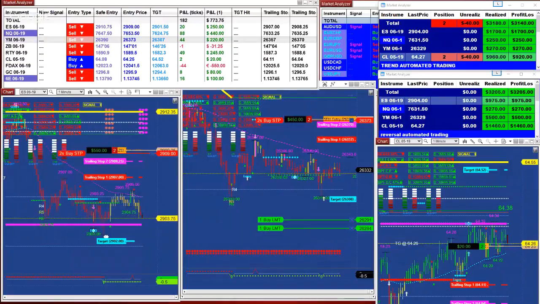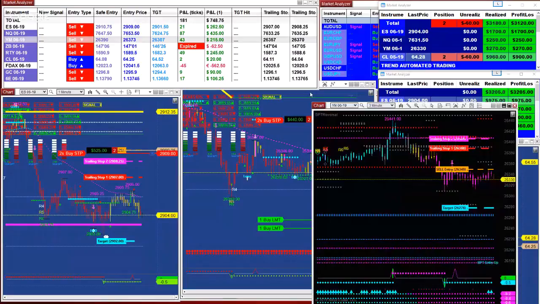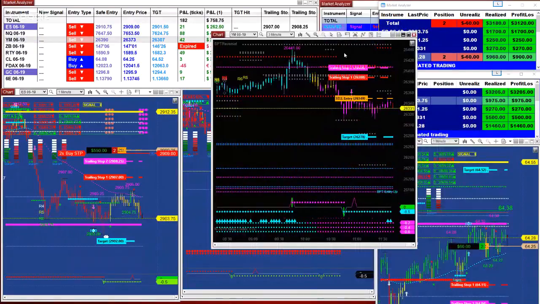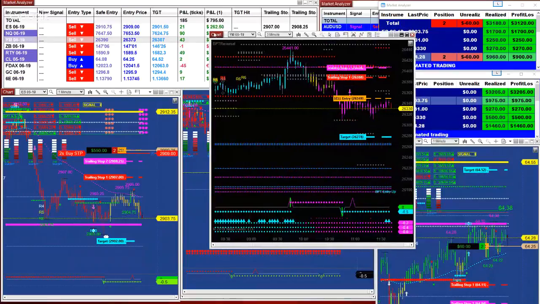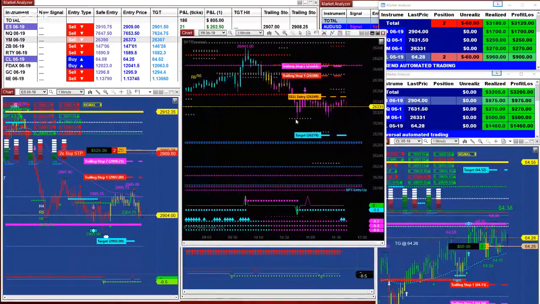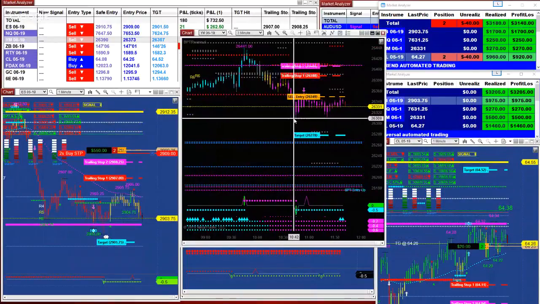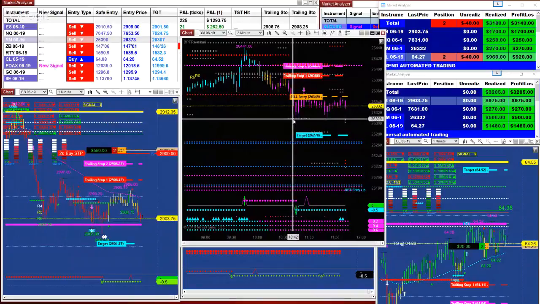On the YM, for the YM traders, if you're looking at the higher time frame, because the blue chart is on 1 minute, and on the 3 minutes we got projected. Here is your entry. We got projected at that level on the YM at 63.09.